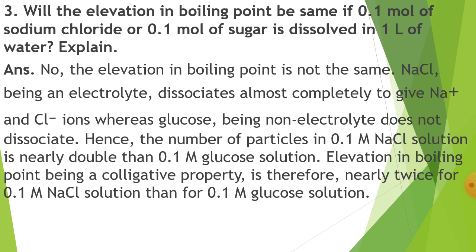Both solutes are non-volatile, but one is an electrolyte that dissociates in water, and sugar is a non-electrolyte that does not dissociate. After dissociation more particles are present, and boiling point elevation depends upon the number of particles. That's why sodium chloride has the higher boiling point. Now focus on the answer.